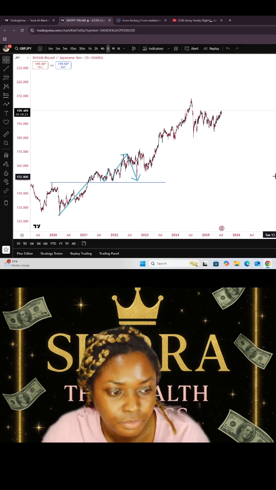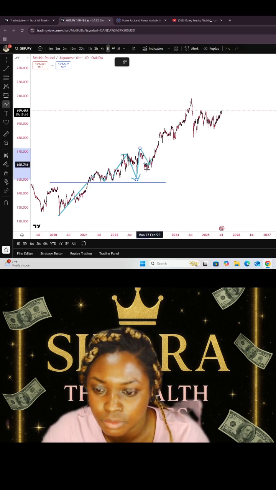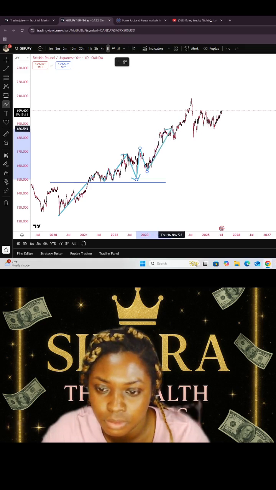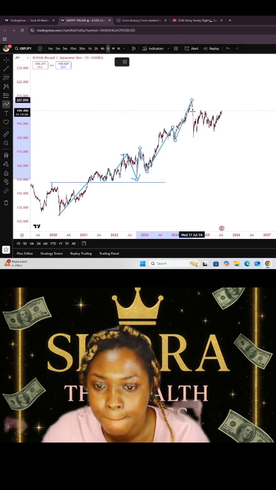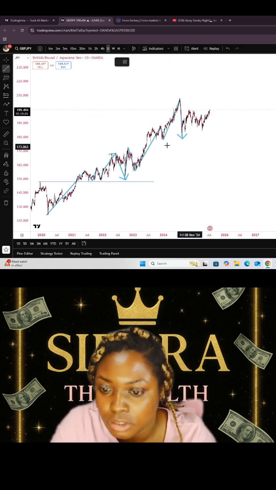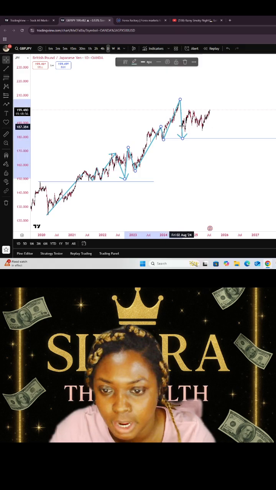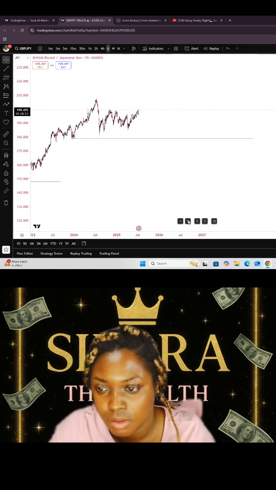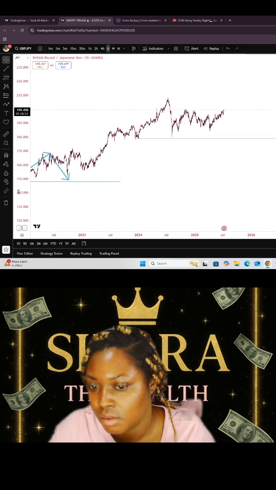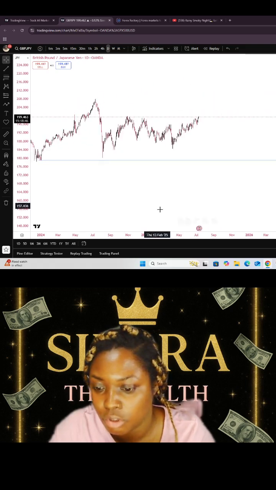Okay? And here, here, here, here, here. Because all of that was one move. Pull back. Pull back. All right? So technically, we are still in an uptrend on GJ until price breaks this area. And now we're just dealing with internal structure.